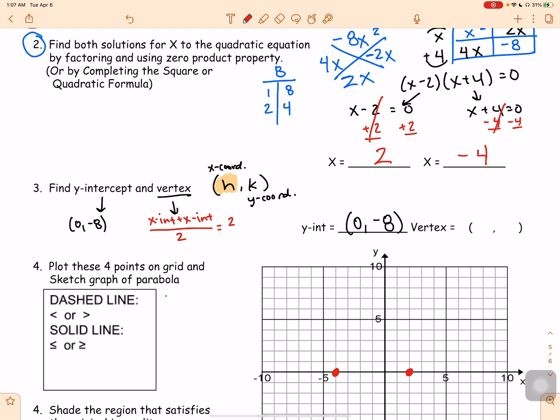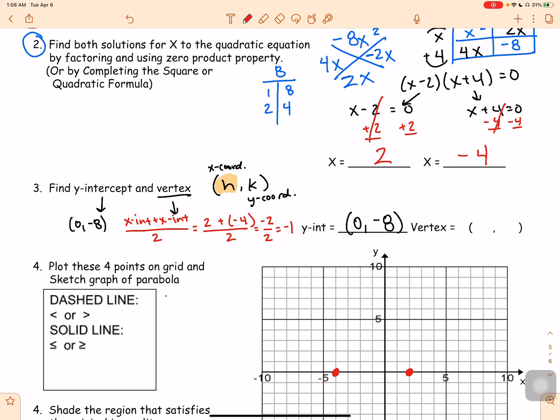So here we have 2, and then plus a -4. Okay, 2 plus -4 is -2. Over 2 is -1.